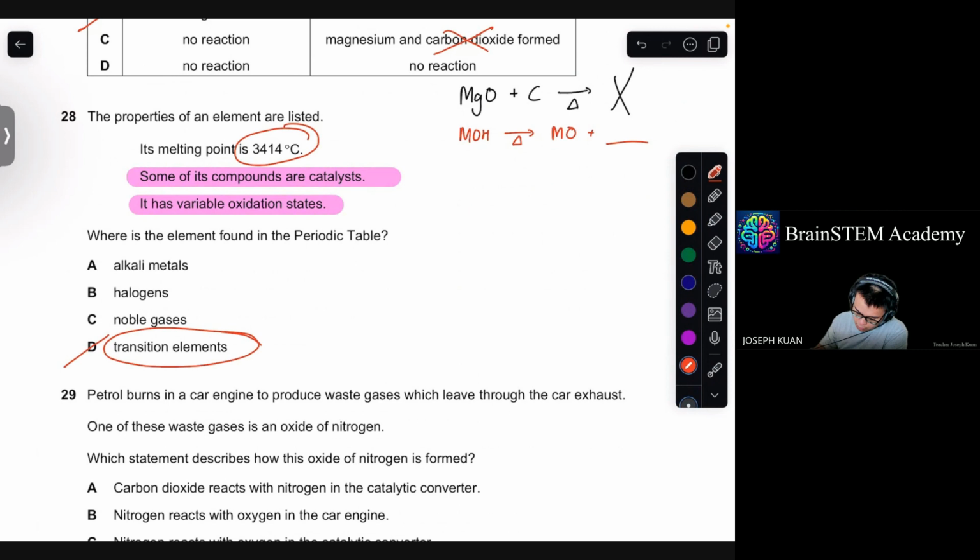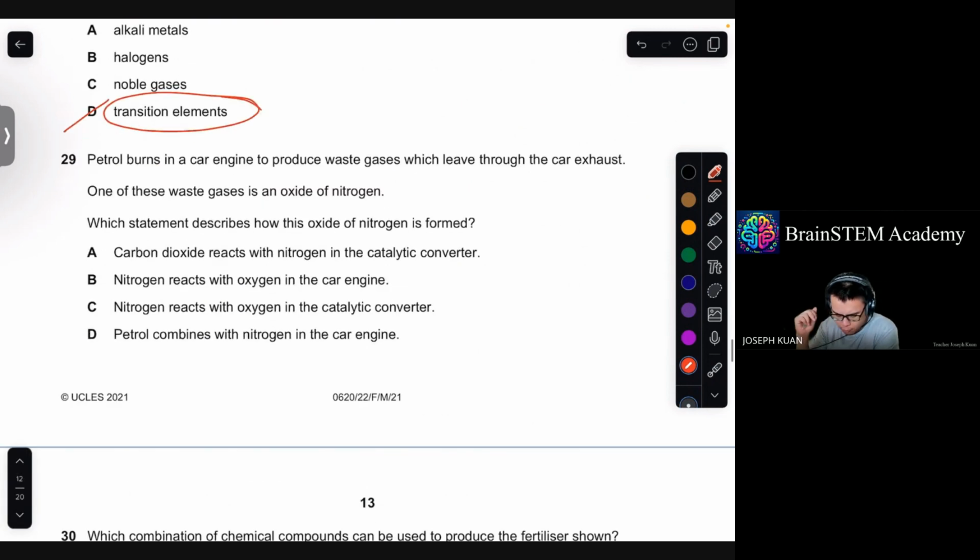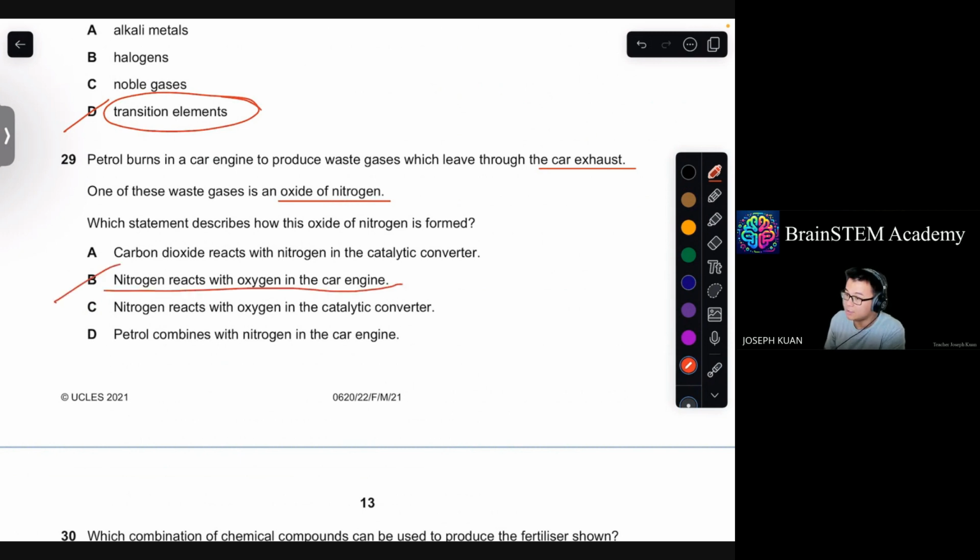Right, so moving on to question 29. Petrol burns in a car engine to produce waste gases which leave through the car exhaust. One of these waste gases is an oxide of nitrogen. Which statement describes how this oxide of nitrogen is formed? It's by nitrogen reacting with oxygen in the car engine.